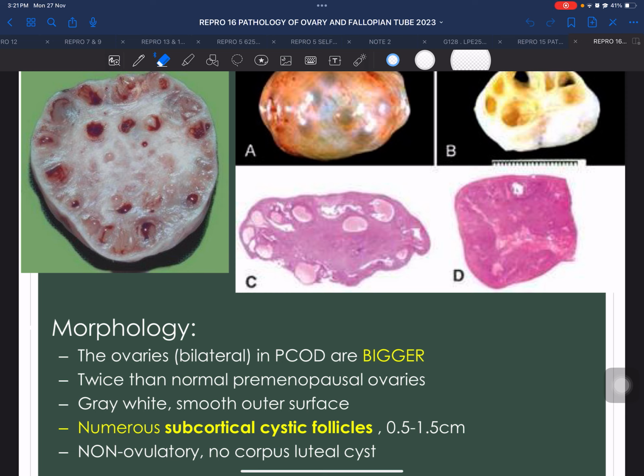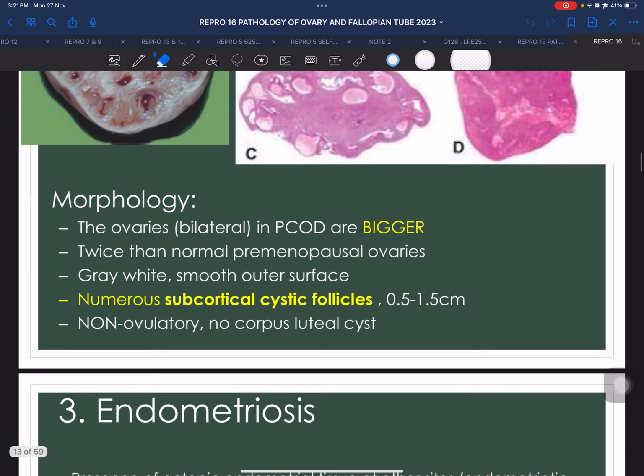They are not ovulatory, so you don't see the corpus luteum. Okay. Histologically, there is just a fibrotic ovarian capsule with multiple cystic lesions lined by granulosa cells. Uneven surface. Okay, the next one is endometriosis.